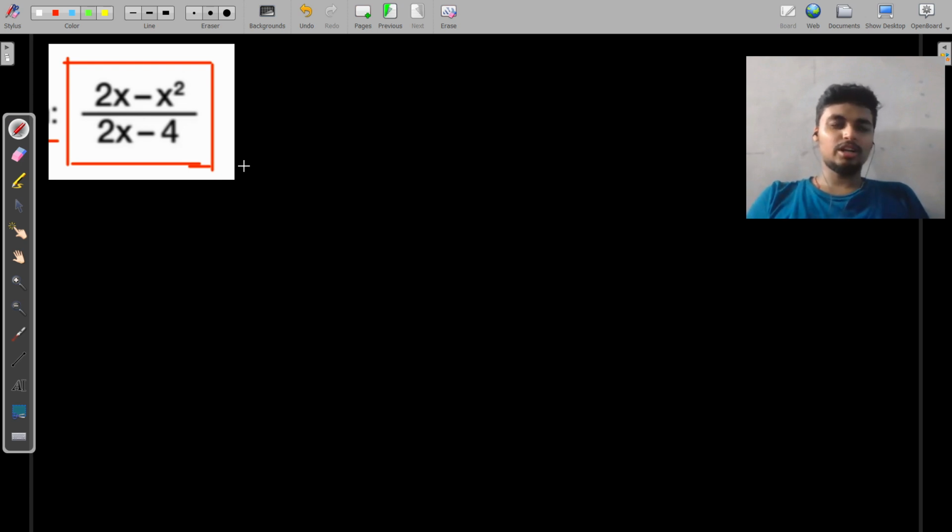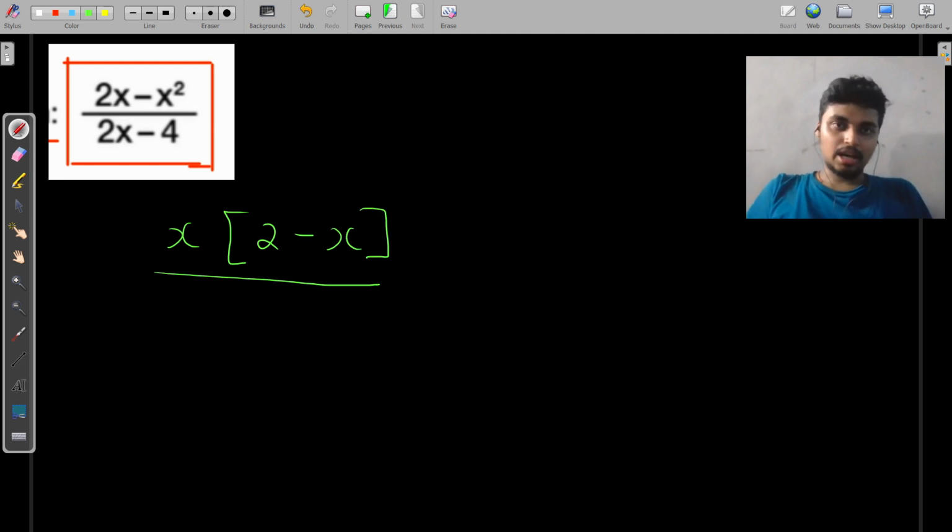Here we can clearly see that if we select x as a common factor in the numerator, the remaining factor will be 2 − x. Similarly, in the denominator, we take 2 as the common factor, so the remaining one will be x − 2.